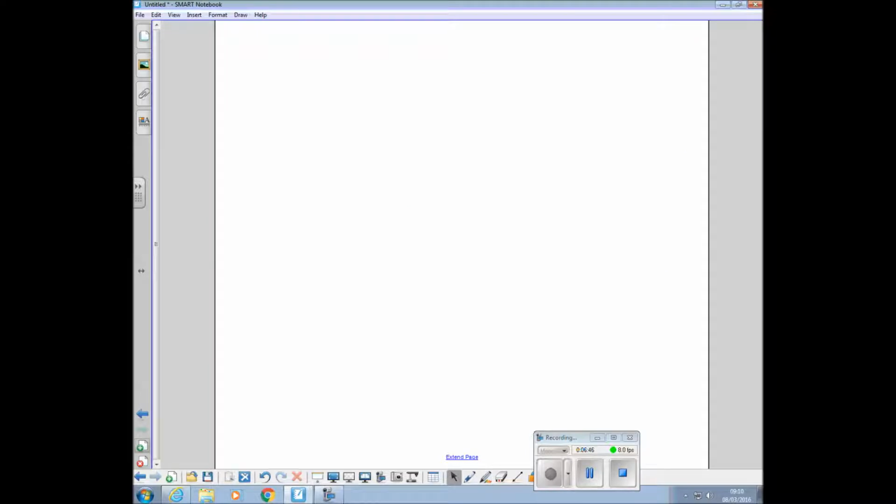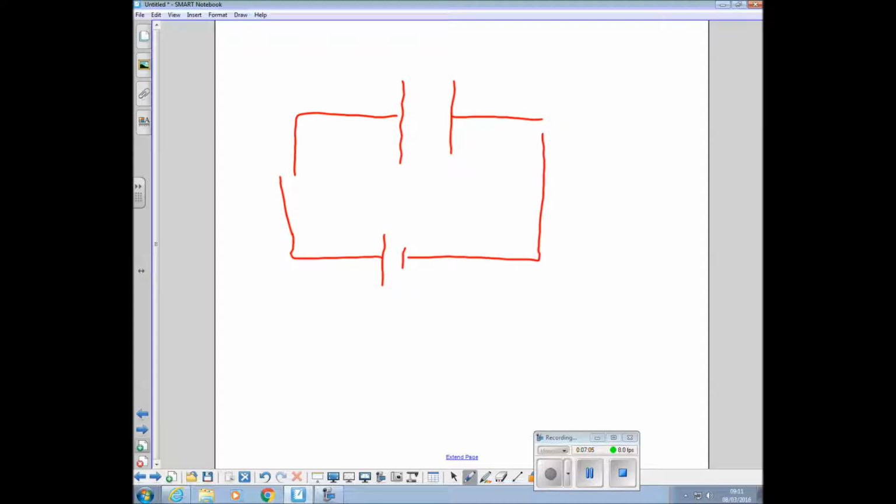Okay. Moving on then. We need to consider what happens when the capacitor is connected. So there's our symbol for a capacitor, and if we throw a switch, connect that to some kind of source of voltage, like so. What happens when we close that switch?